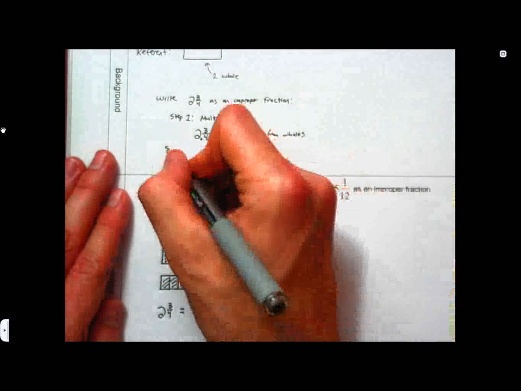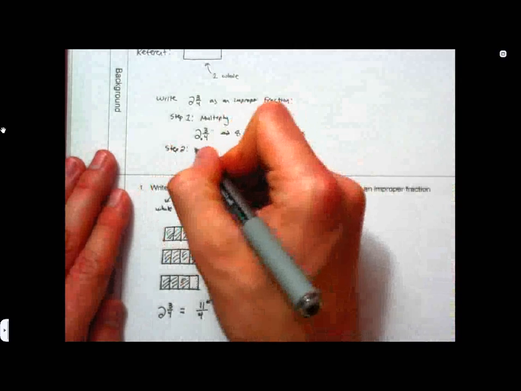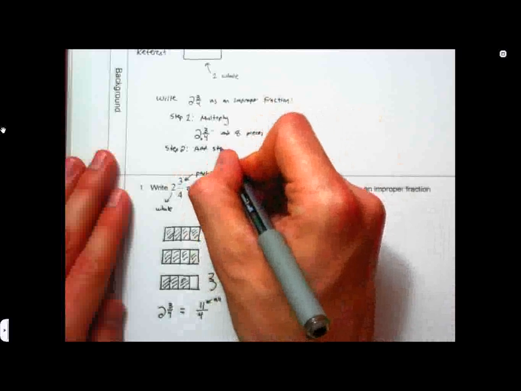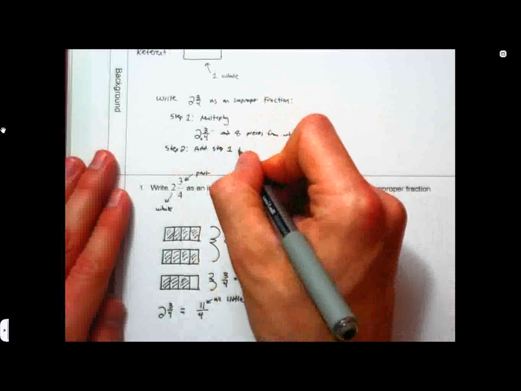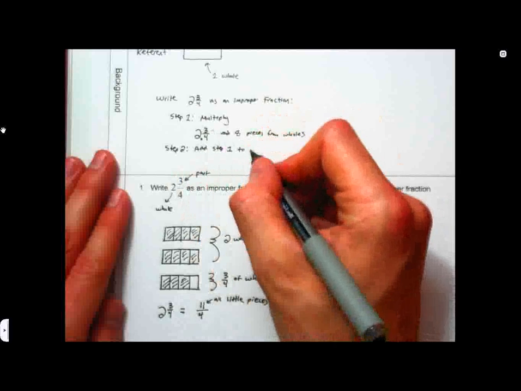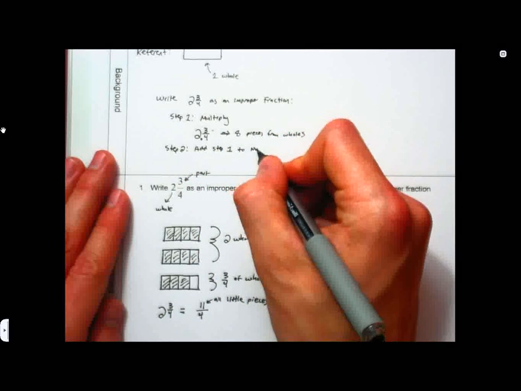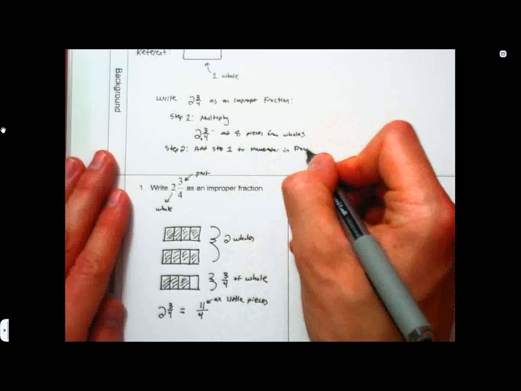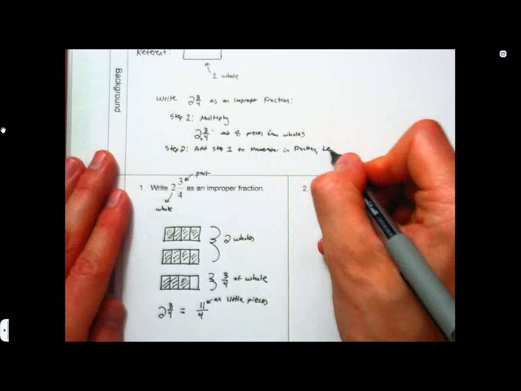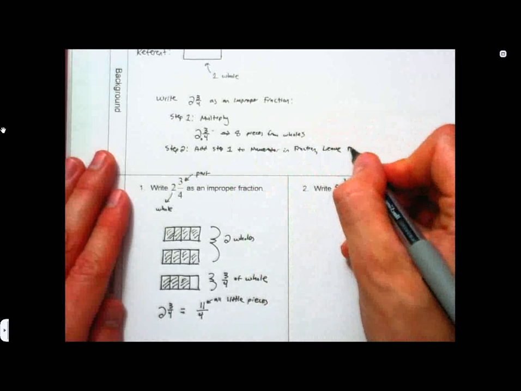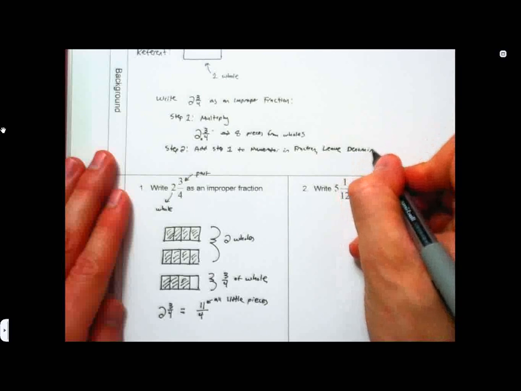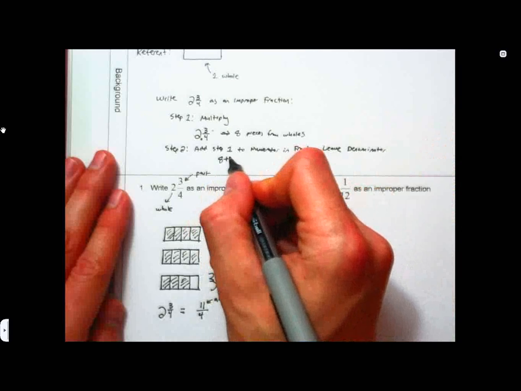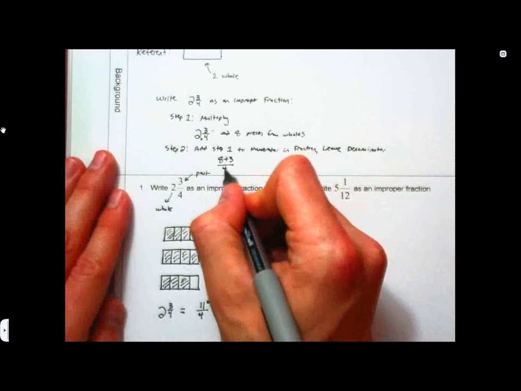Okay, step 2 is I'm going to add the pieces from step 1 to the numerator in the fraction. And then I'm going to leave the denominator alone. So what I would have is 8 plus 3 over 4.